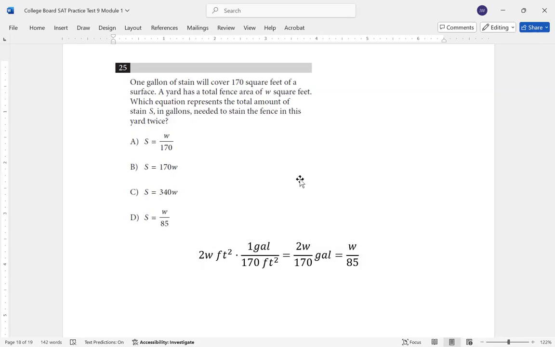So when I create the equation, the number of gallons I need, S, is going to be W over 85. And that's option D. So the answer to question 25 is D, W over 85.